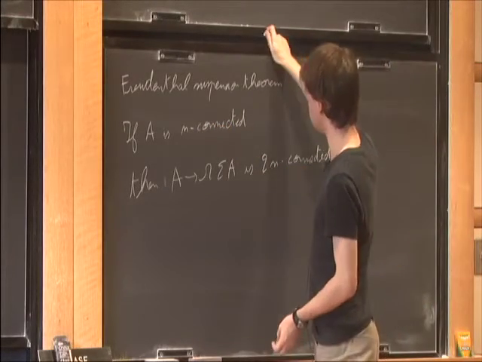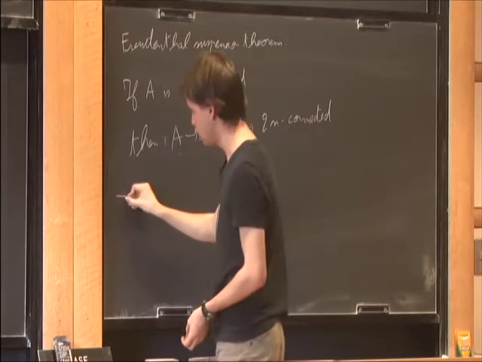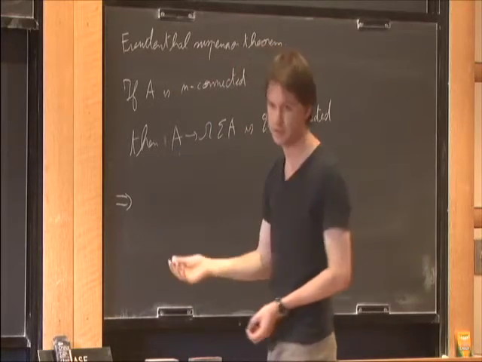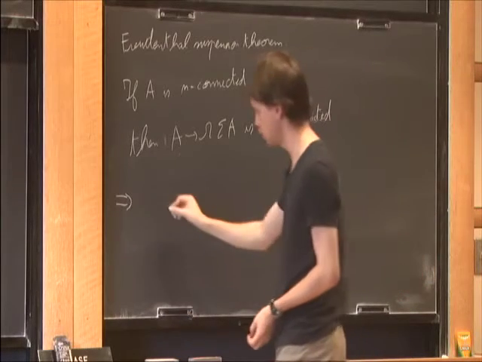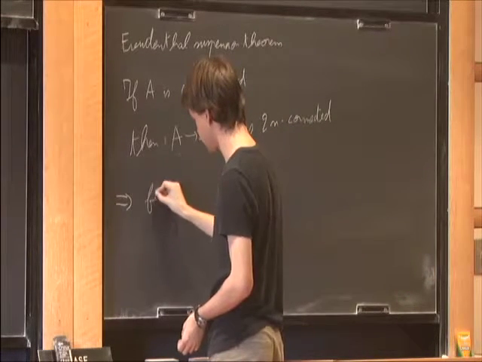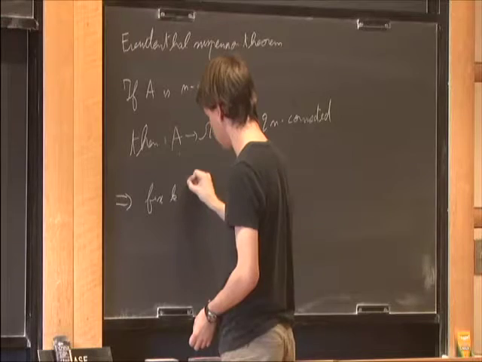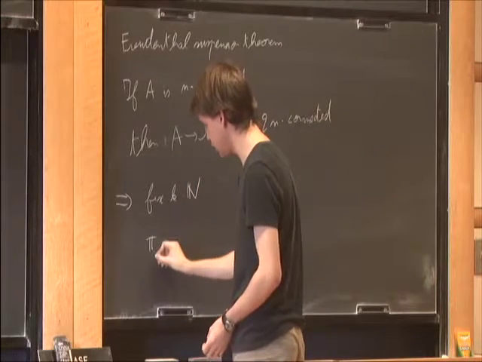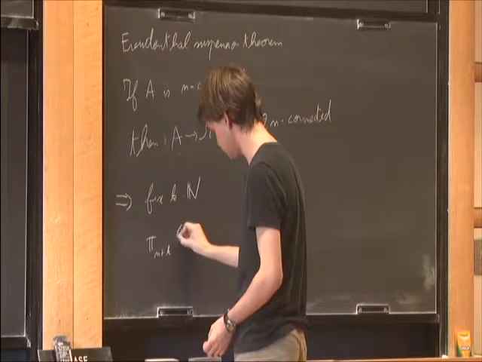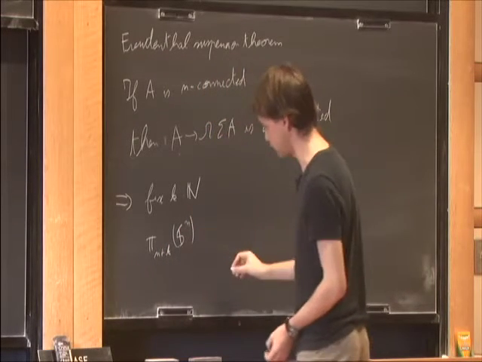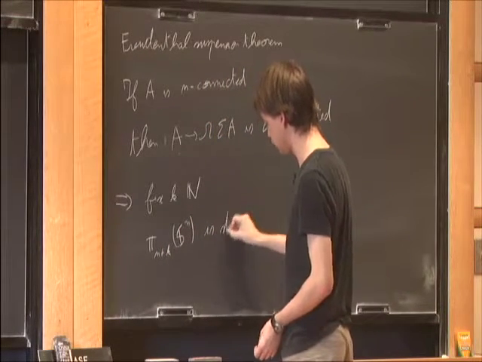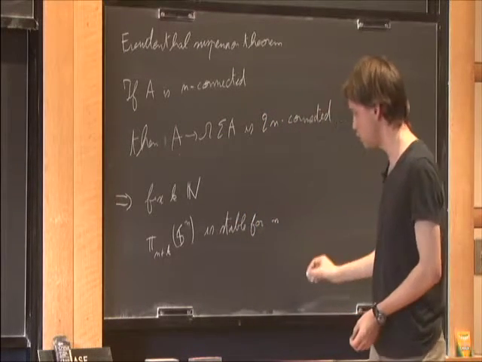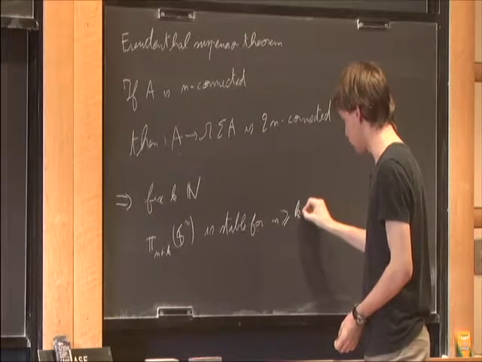So in particular, a consequence of that is the stability of homotopy groups of spheres. We get that if you fix a natural number k, then pi n plus k of Sn is stable for n at least k plus 2.